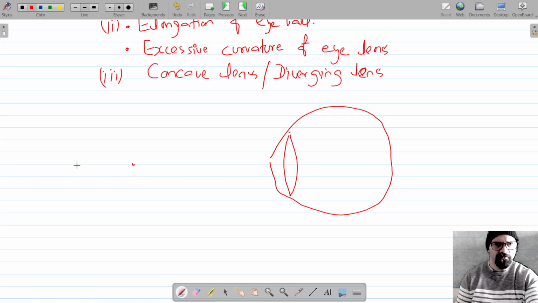The far point is now nearer than infinity. It was supposed to be here, but it's now here. So the rays of light come from here.